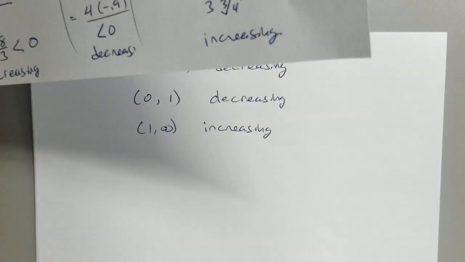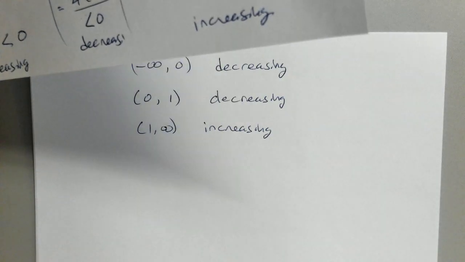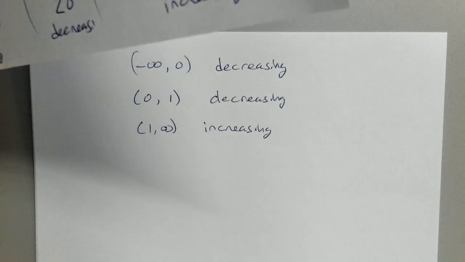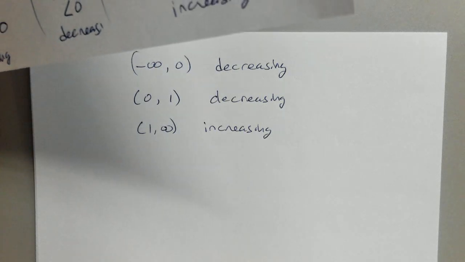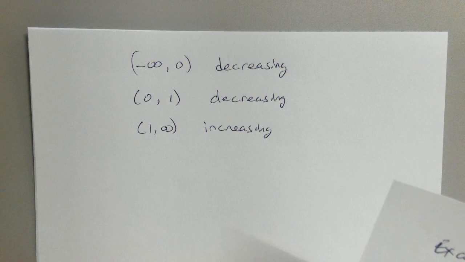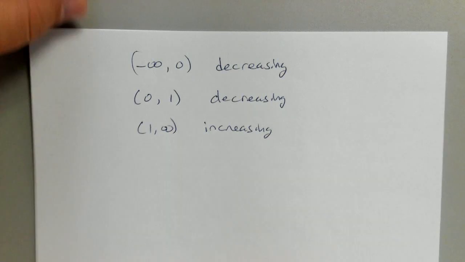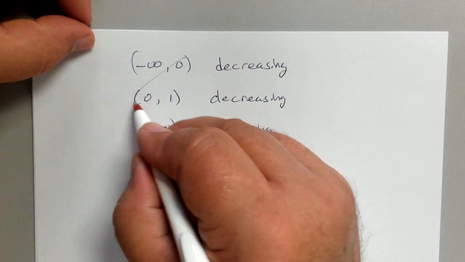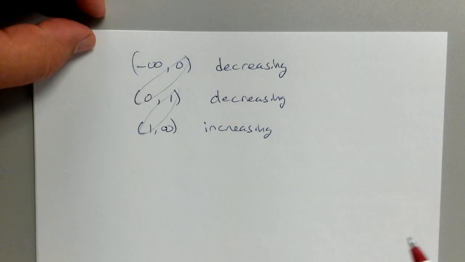And then from 1 to infinity, it's increasing. Find the local and or absolute maxima and minima. So our extrema points are at 0 and 1.